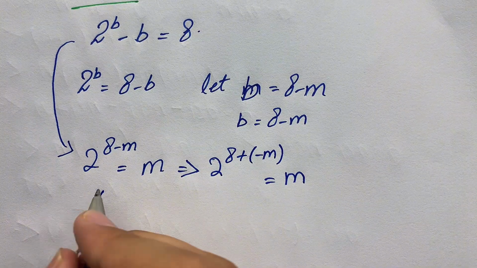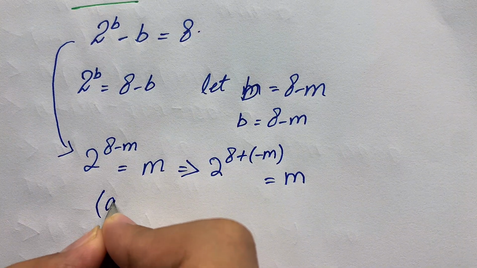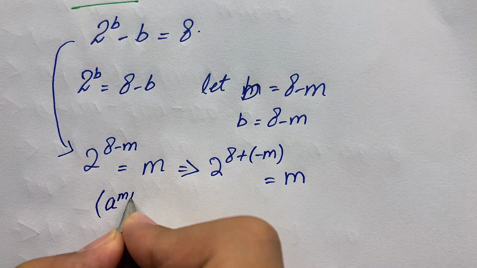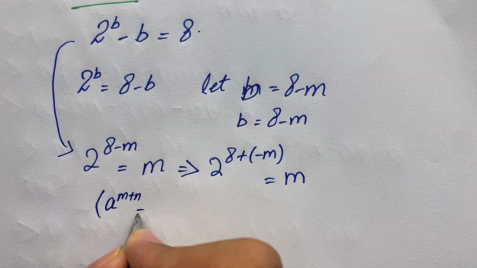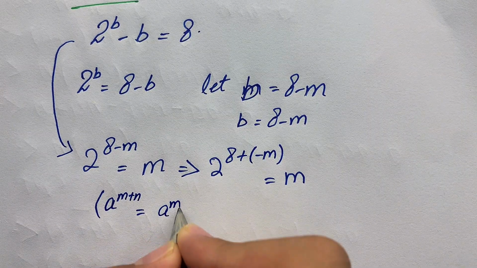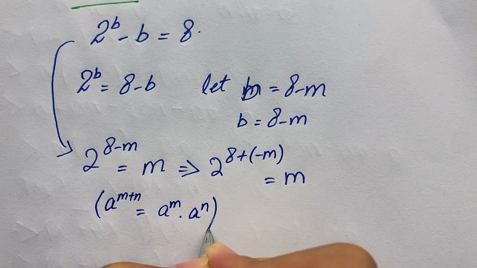Now we write this Olympiad formula: a^(m+n) is equal to a^m into a^n.